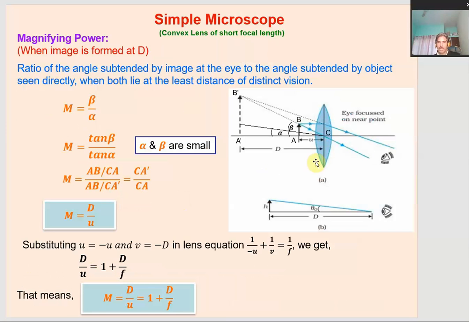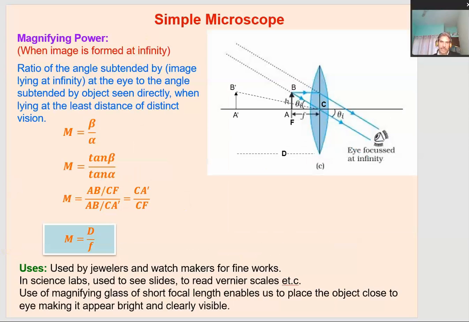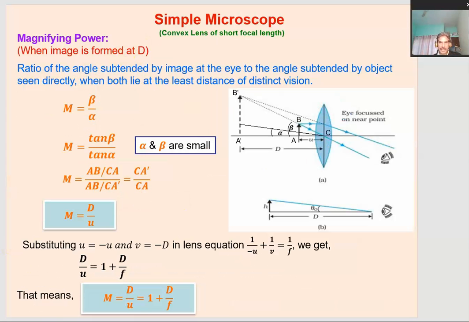in case the final image is formed at the least distance of distinct vision than if the image is formed at infinity. That means if the image is formed at infinity, the magnification is 1 less than the other case. But the situation is that in order to focus at a closer distance, we have to strain our eye.